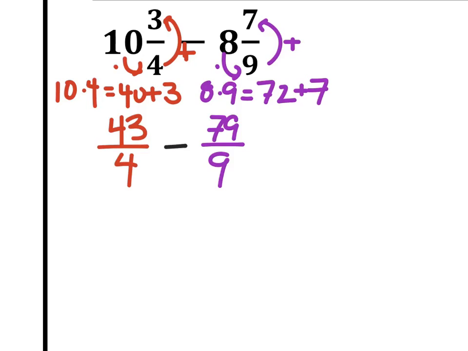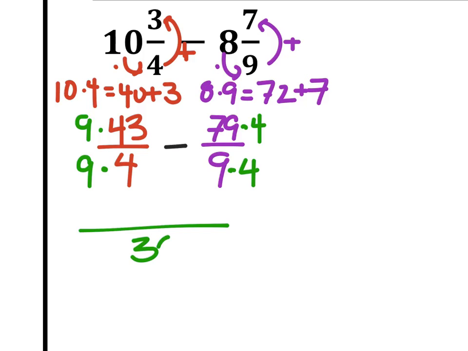Now again, our problem here is that we don't have common denominators. No worries, I'm going to use the quick method by multiplying the opposite denominator into the other fraction, both the numerator and the denominator. So again, this is nice. It gives me an automatic new common denominator of 36.